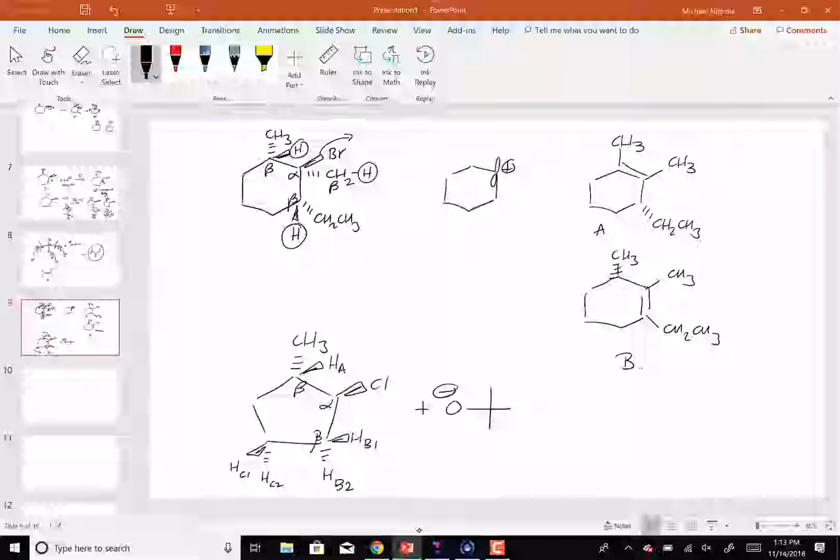Can HA be deprotonated? Yes or no? No? HB1, HB2, HC1, HC2. Why not? Exactly. They're not beta hydrogens. They're whatever the next Greek letter is.